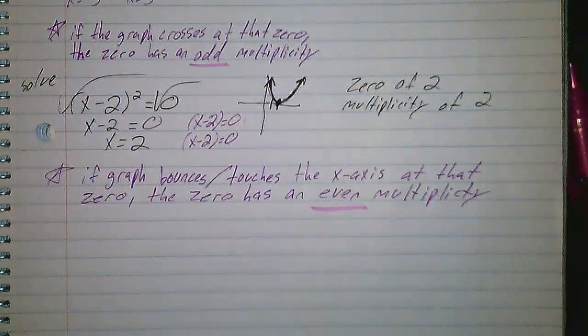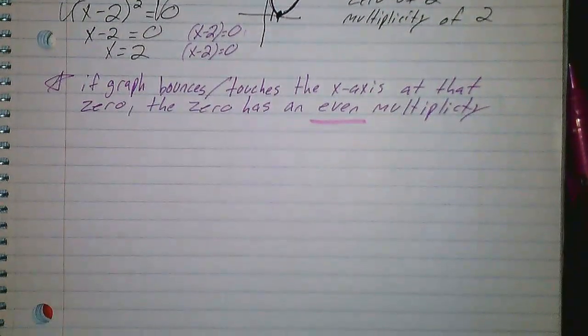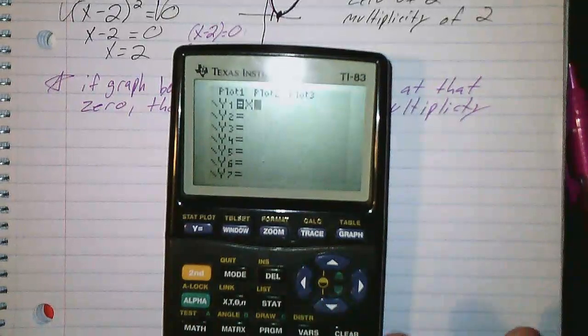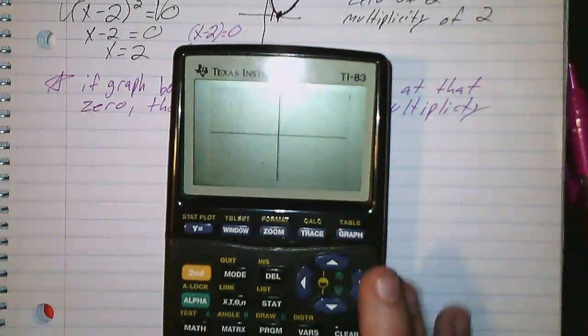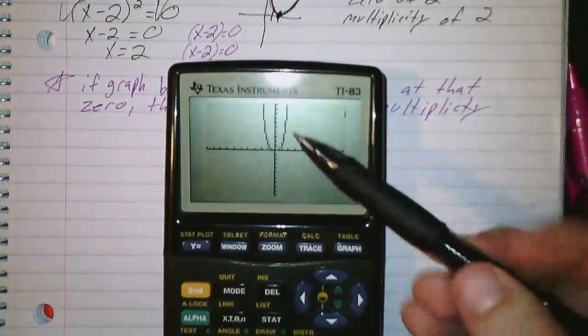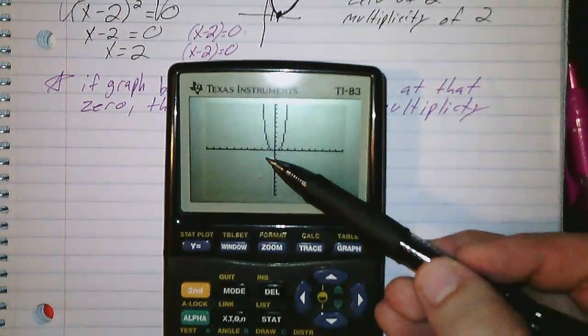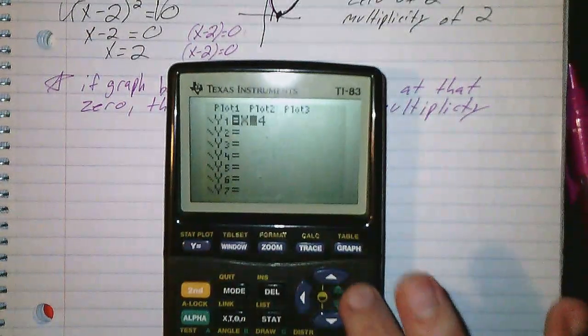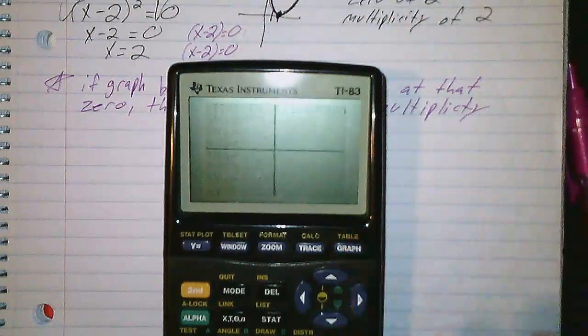So let's look at some examples from the homework. Let me show you something. Let me change my window in the calculator. So let's say we have x to the power of 4. An even multiplicity. It's touching the x-axis compared to x to the power of 5.